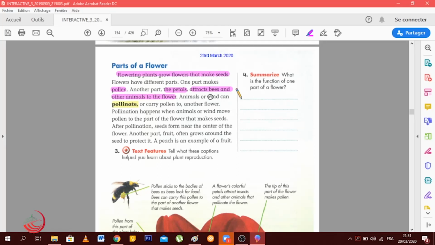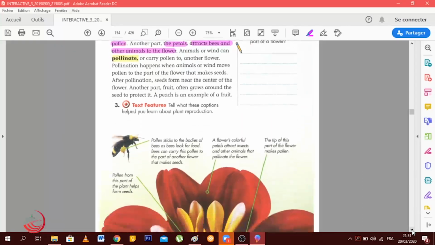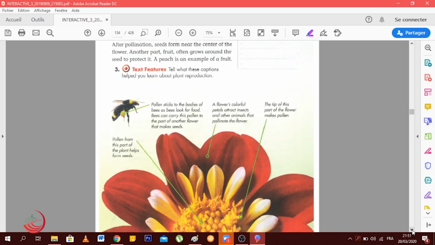Animals and or wind can pollinate or carry pollen to another flower. So pollen here is something like powder, you remember? Yes.